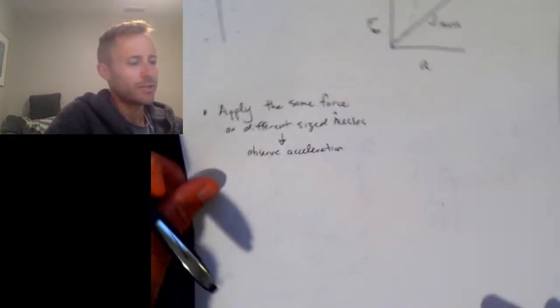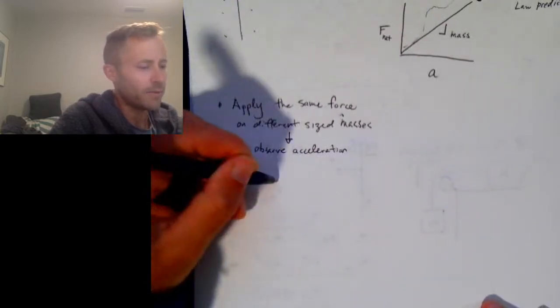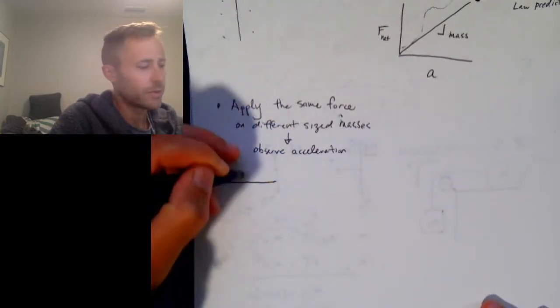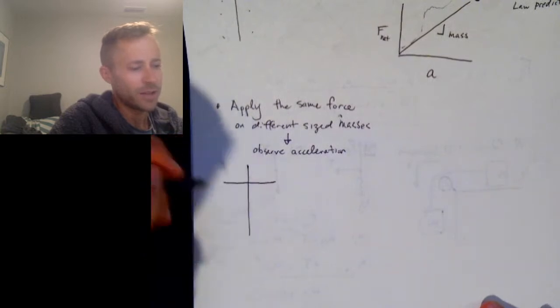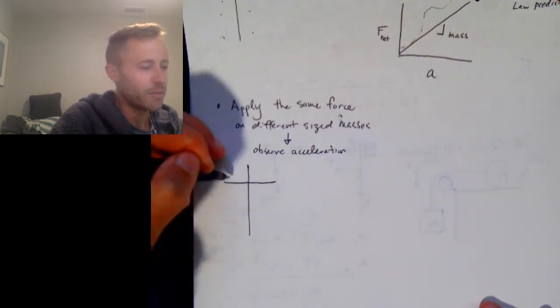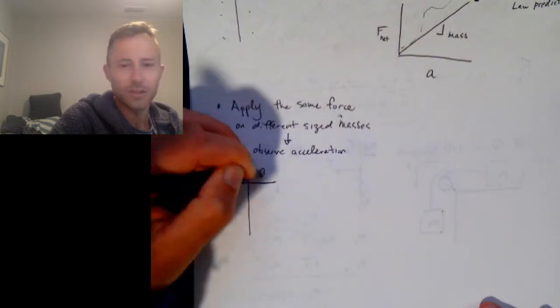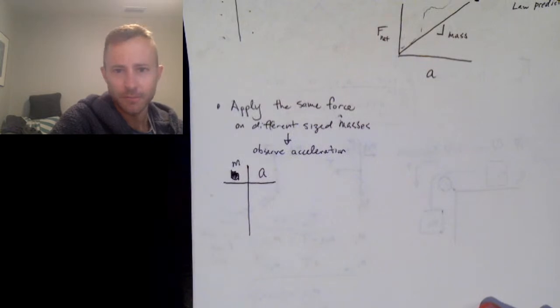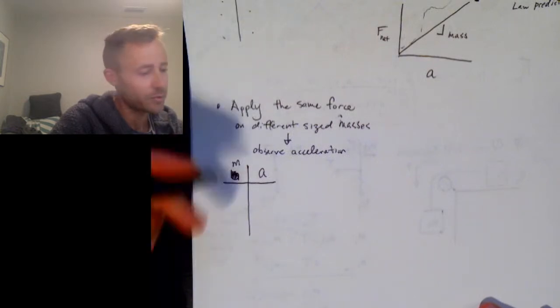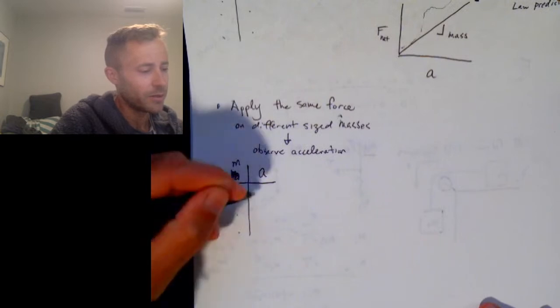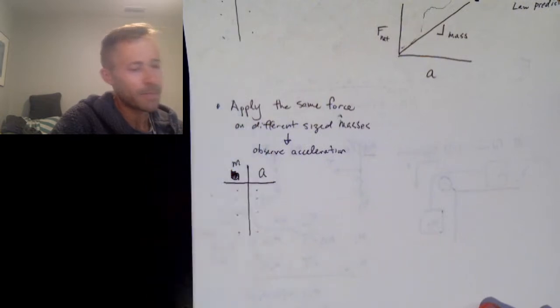So in this case, you would have a data table that has the mass of the object, and then the resulting acceleration, because the force is the same every time, so it's not a variable. And you would get data, okay?